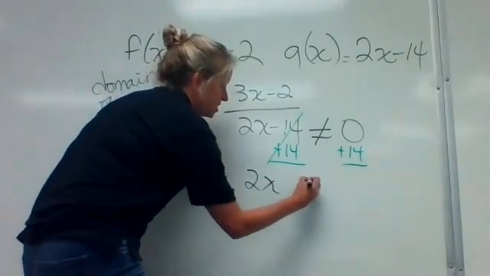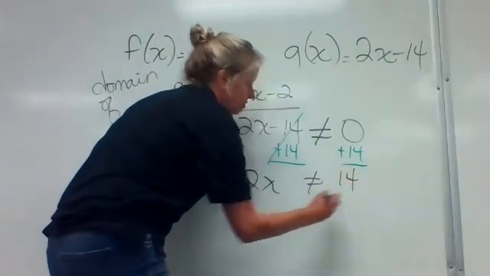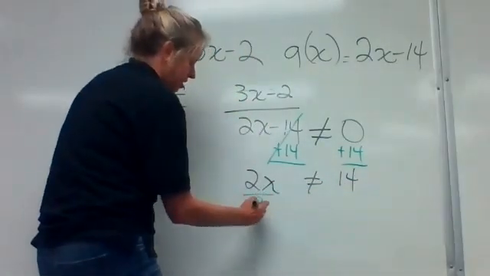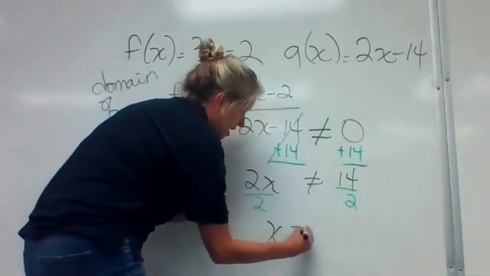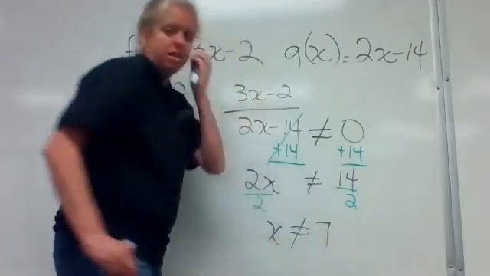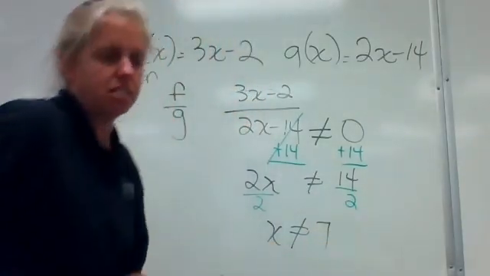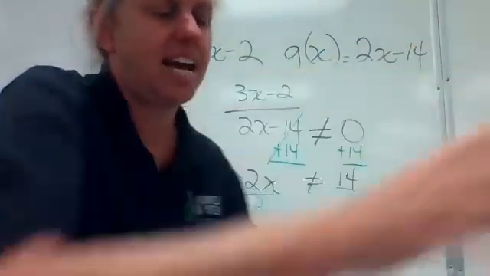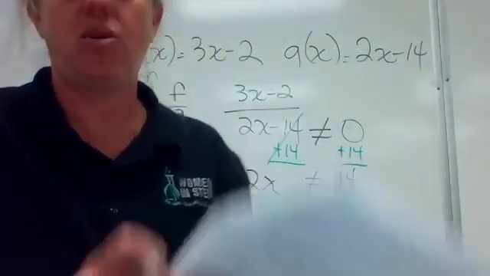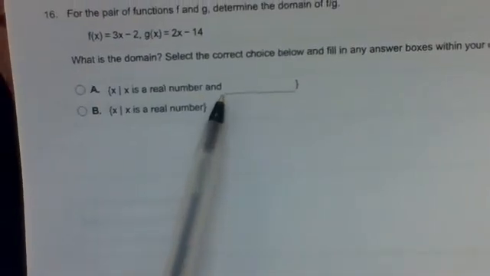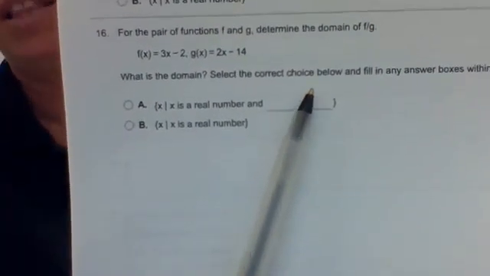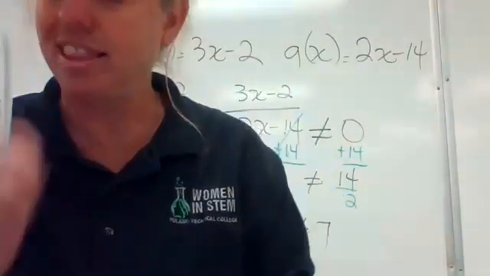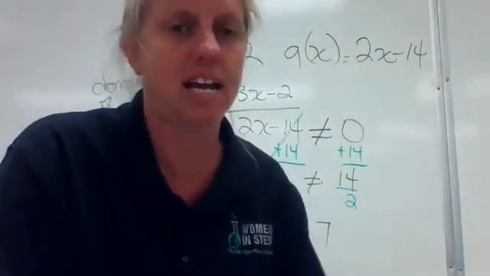So 2x cannot equal 14. And then divide by 2. So x cannot equal 7. So x is a real number and x cannot equal 7. So on those, you would be choosing this one. X is a real number, and that's when you would just use the x from your keyboard, then look down at the bottom in MATLAB, and you will see that does not equal sign.